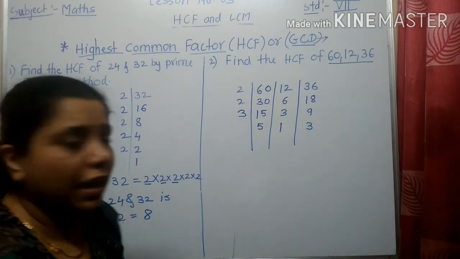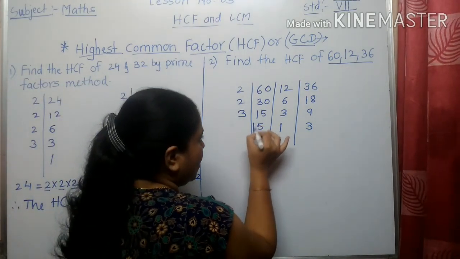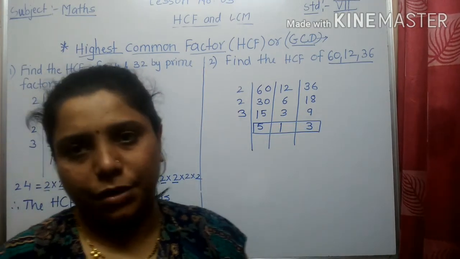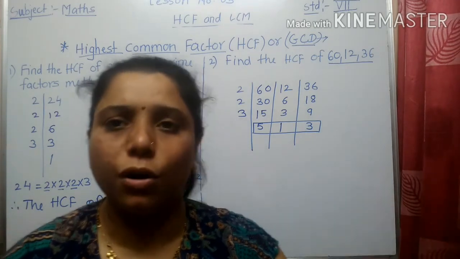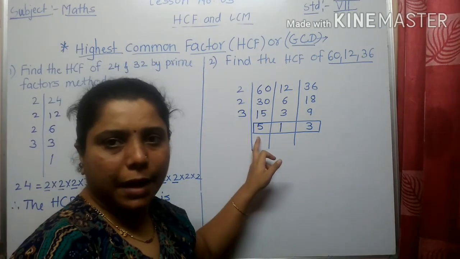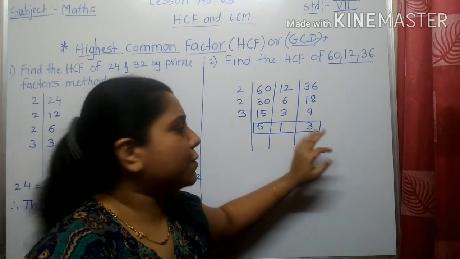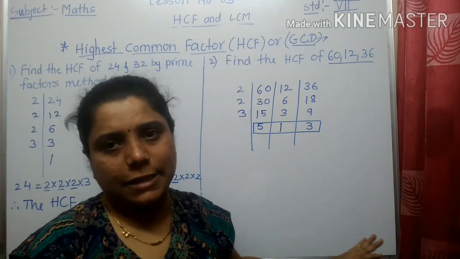Now you are observing in the last line, you are getting all numbers which are prime numbers. Means you can't factorize more, because 5 is a prime number, 3 is a prime number. Understood? So in this way, you can't go to the next step.